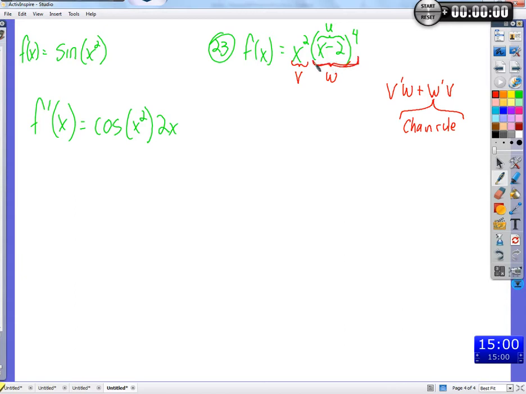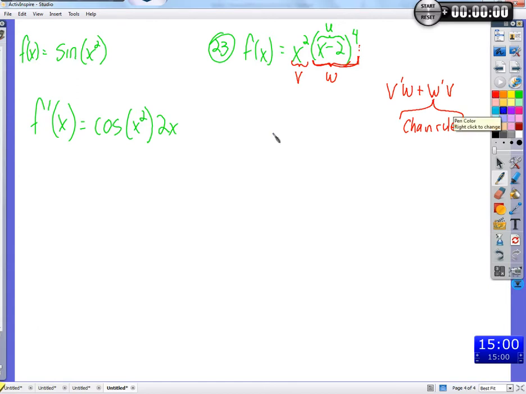X minus 2 raised to the fourth, that's the function we're calling w. I just wasn't sure because when you did the little bracket thing, I thought it was just x minus 2, and I was wondering if we're just leaving out the fourth or not. Nope, I should have made it wider. It's including that one. Good question.